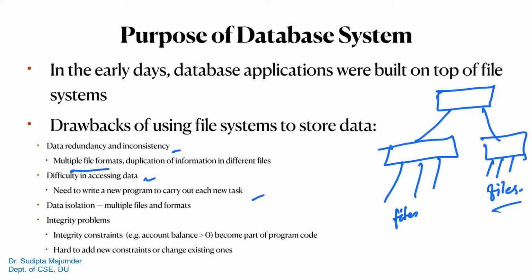And also there is a problem of non-data isolation. This means same information is stored in multiple files or in multiple locations in multiple formats. And also it causes the problem with data integrity.